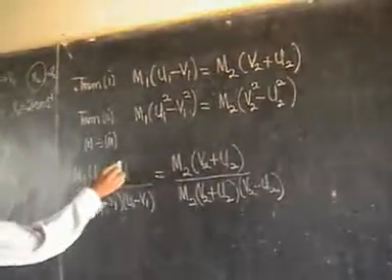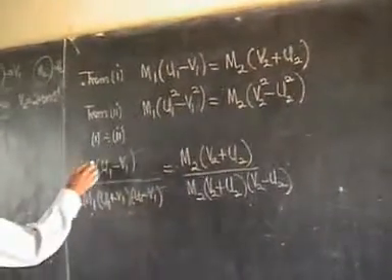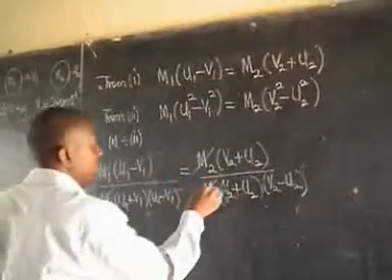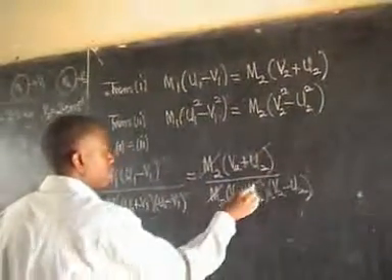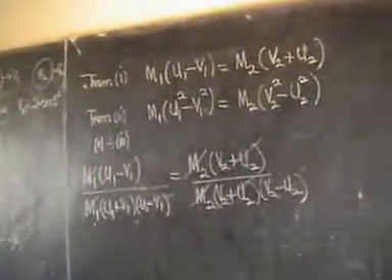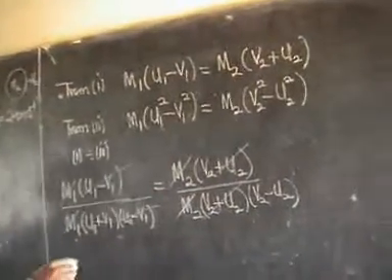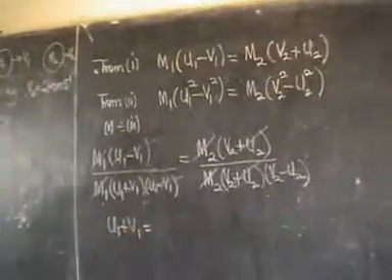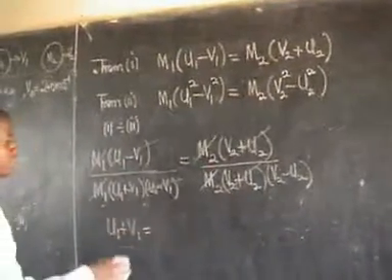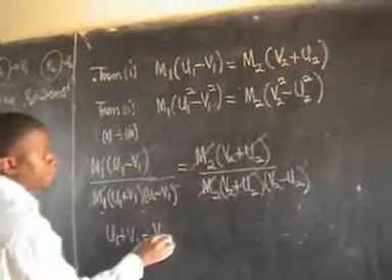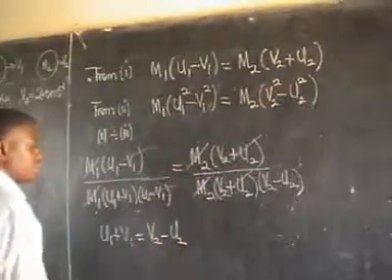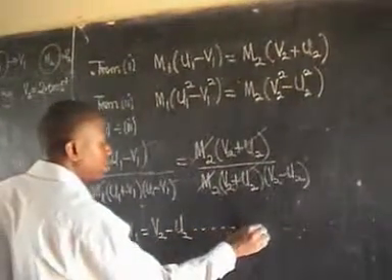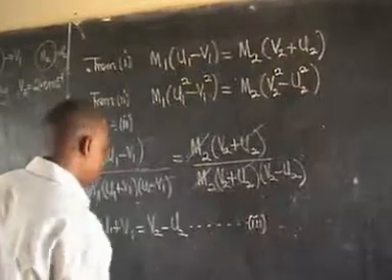Now this u1 minus v1 will disappear, even this m2, and when we rearrange the equation, we shall get u1 plus v1 is equal to v2 minus u2. I'm going to call this my third equation.